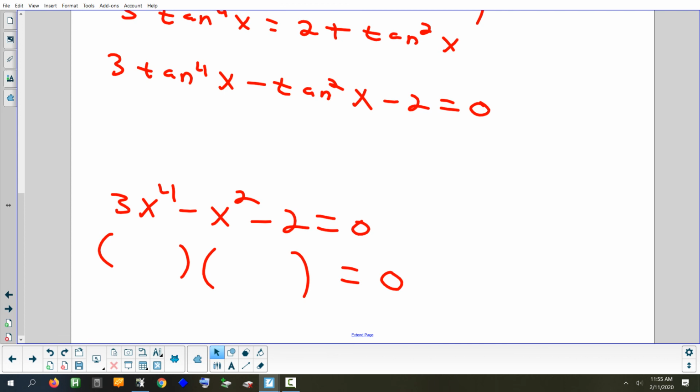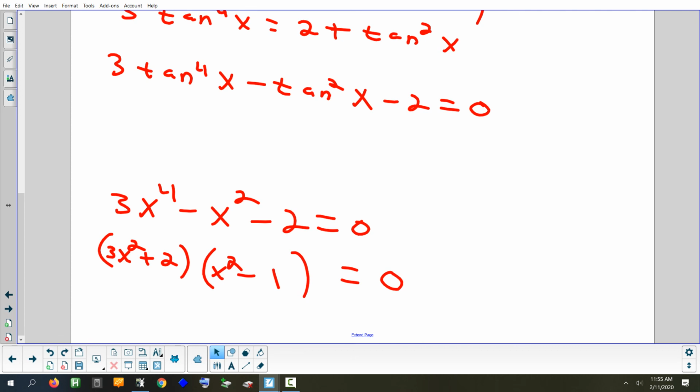What would have to go as my first term in the first parenthesis? 3x squared and x squared. Okay. Signs would have to be what? A plus and a minus. Could be a minus and a plus. And two numbers that multiply to give me 2. 2 and 1. Let's check it.